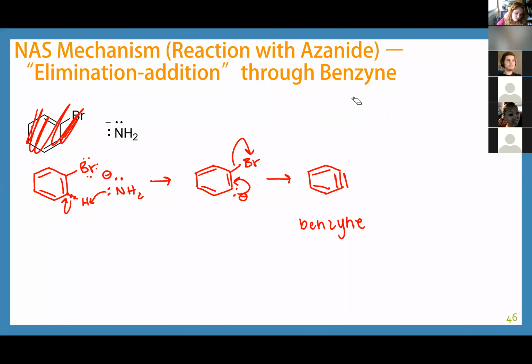That is not going to be okay. This is going to be highly unstable, and highly reactive. Okay. So what happens next is typically you have an excess of NH2 minus. It's going to attack, put the electrons back down.